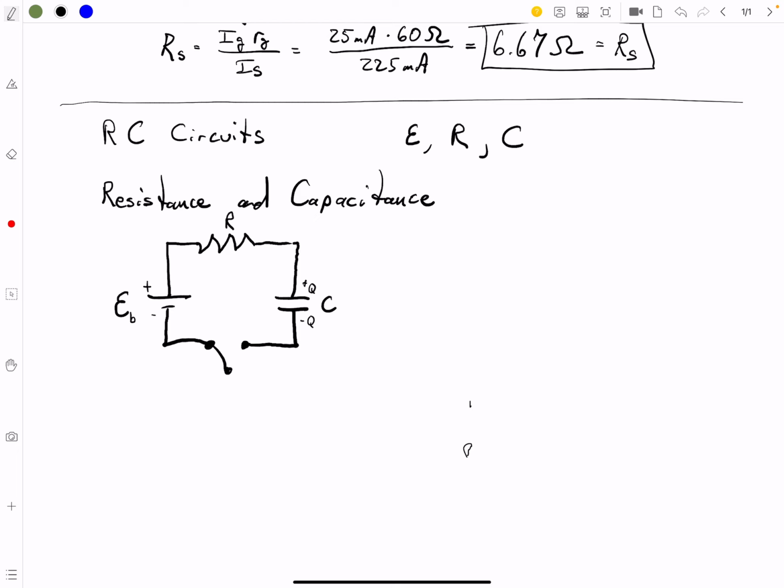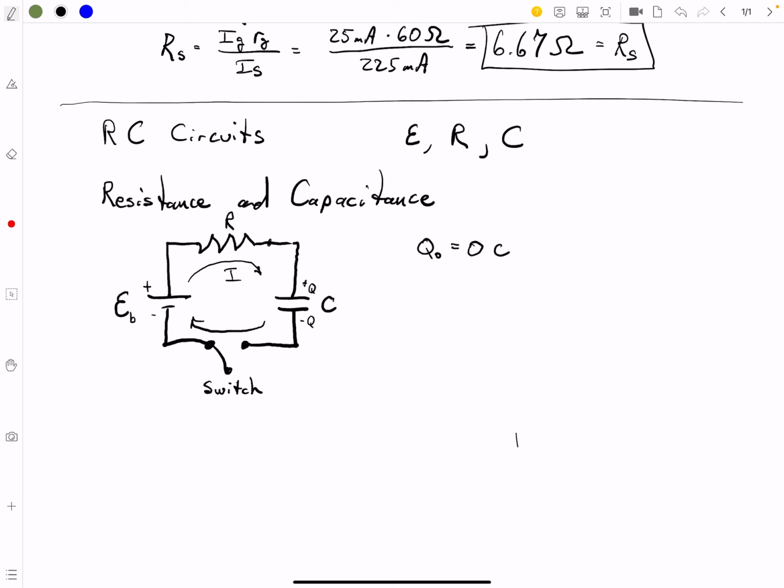All right. So here's the thing. Initially, this capacitor has Q normally on it, plus and minus Q, but initially that Q is equal to 0. So Q initial is equal to 0 coulombs, okay? We flip the switch closed, and all we're going to get is a voltage drop across the resistor.